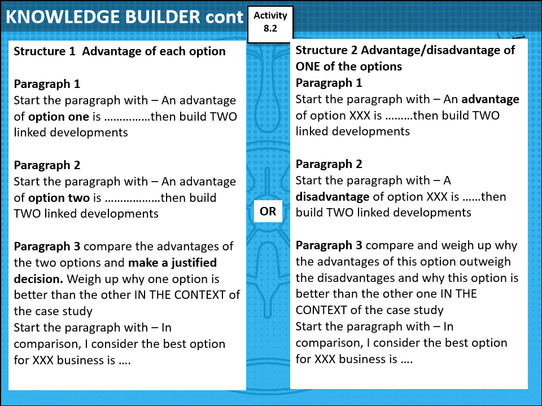Or you could do an advantage of an option, and then the disadvantage of that option, and then your third paragraph. So if you don't understand one of the options that you've been given on a question, option 2 is best, but generally speaking, structure 1 will get you the most marks, because it's easy to make a judgment when you've compared 2 options.